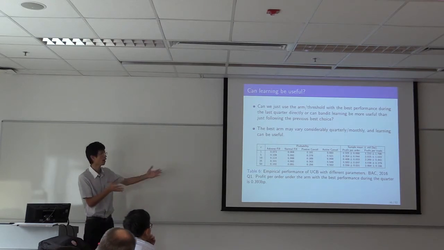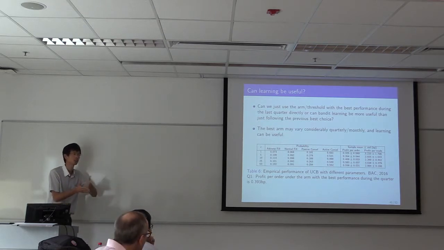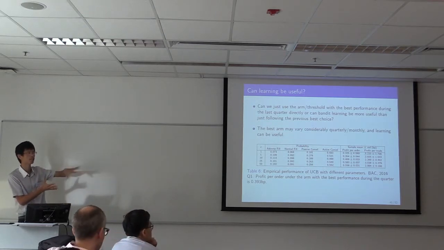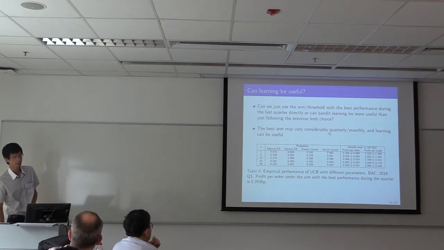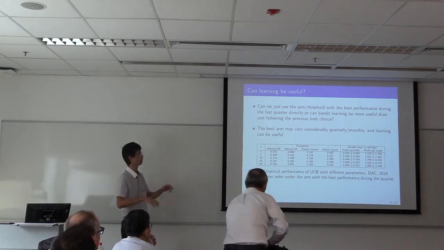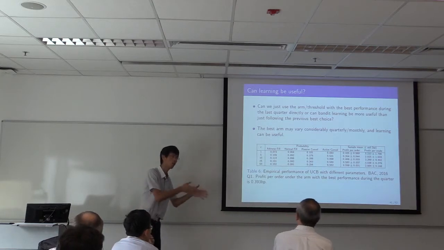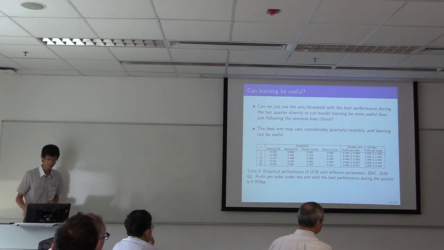Meaning that you already have the data for the first quarter, so why not just choose the best one that has been observed in the past? I think the short answer is that learning can be useful, especially in the setting where the best arm or best threshold may change significantly from the first quarter to the second quarter, or even monthly.